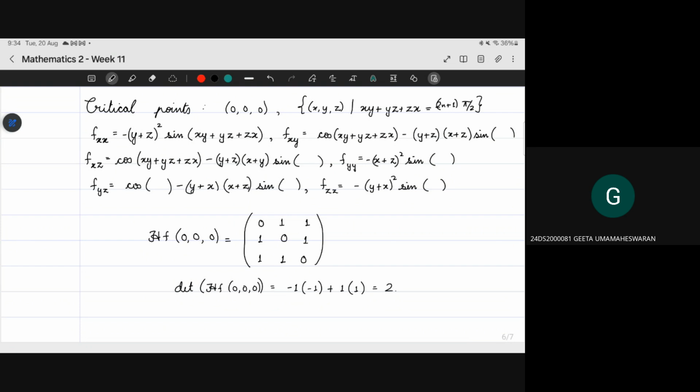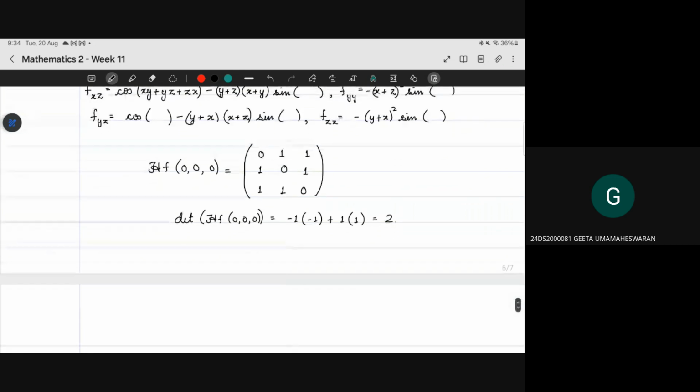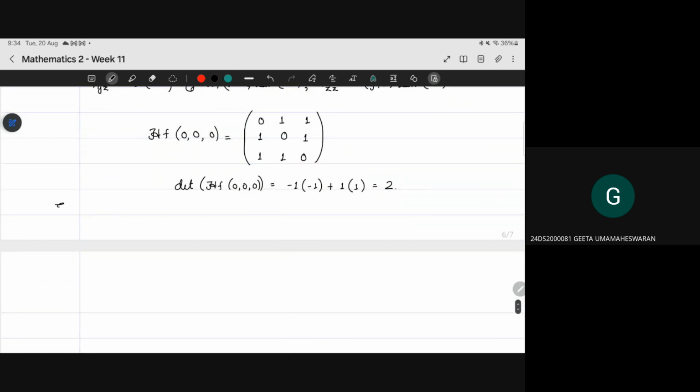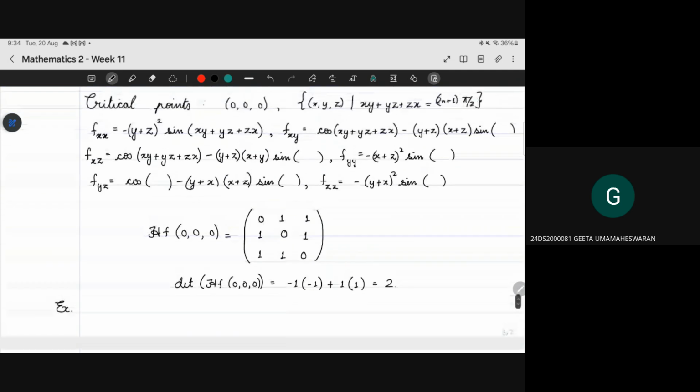It will become plus 1 or minus 1 and you'll get corresponding signs. I don't know what happens to the determinant. Maybe take it as an exercise. I suppose the procedure is clear and let us not waste time on the details.